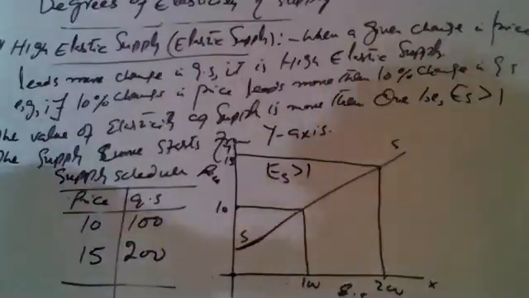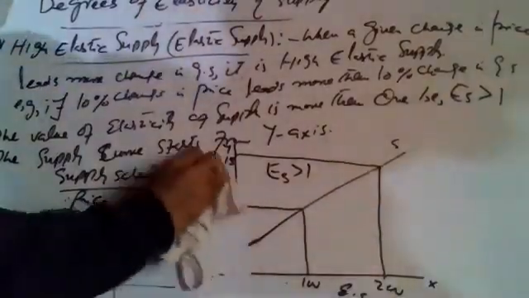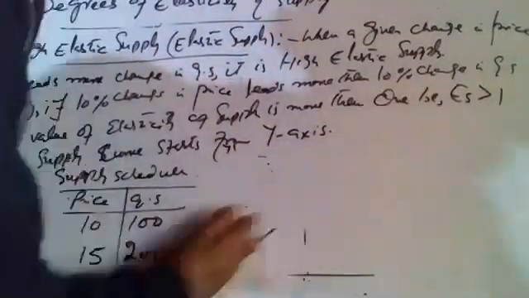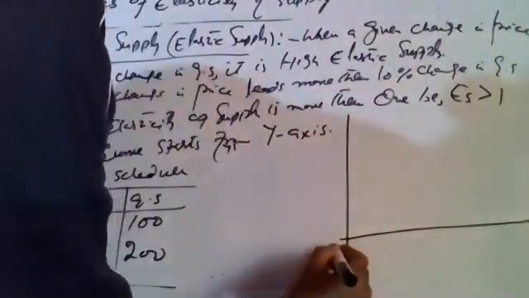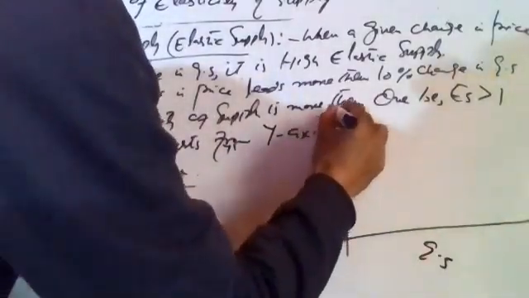So this is the graph of high elastic supply. OX shows quantity supplied and OY shows price.